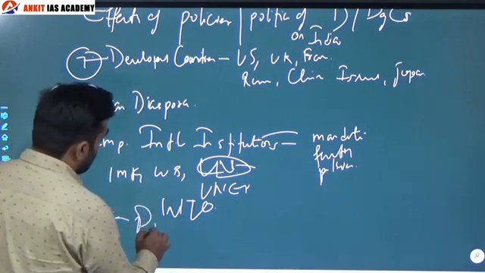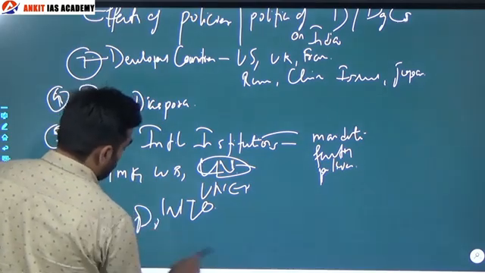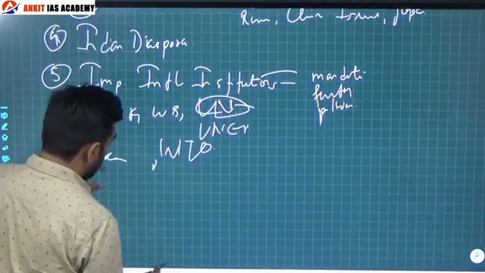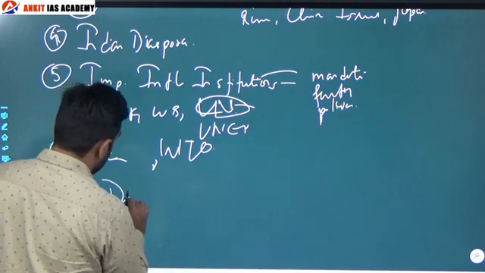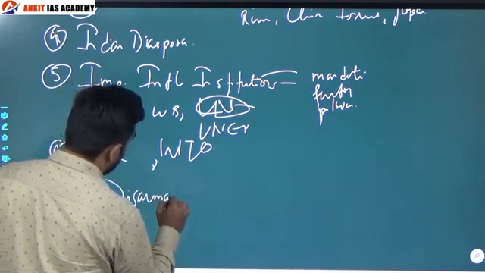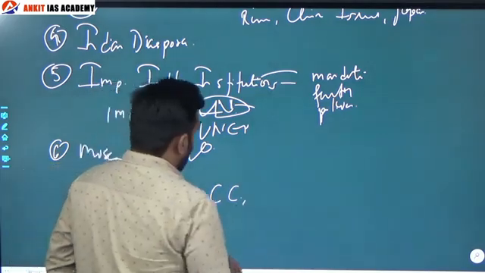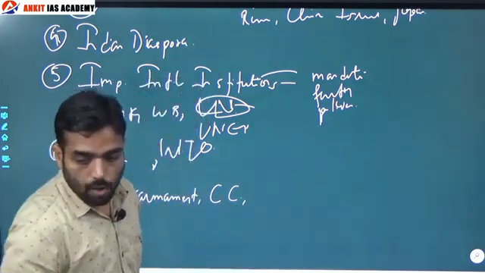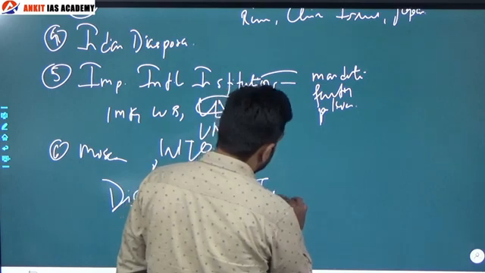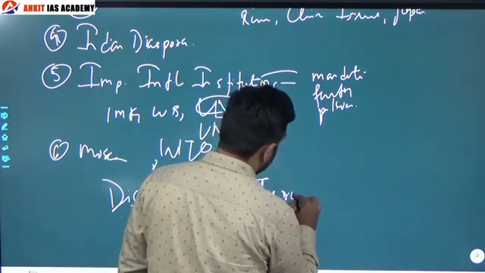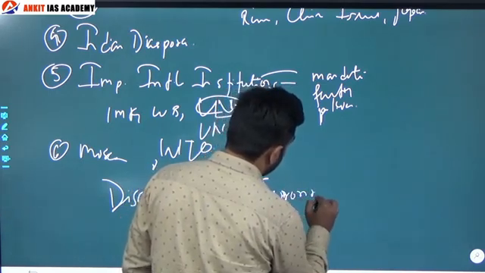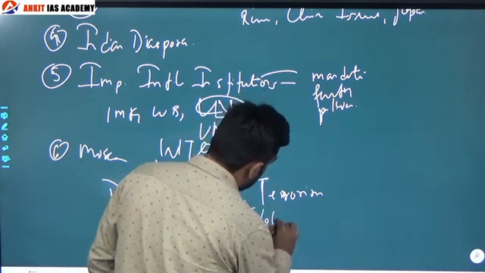Fine. Then there is also the sixth part, miscellaneous. This can be disarmament, climate change, or topics related to terrorism, global governance.